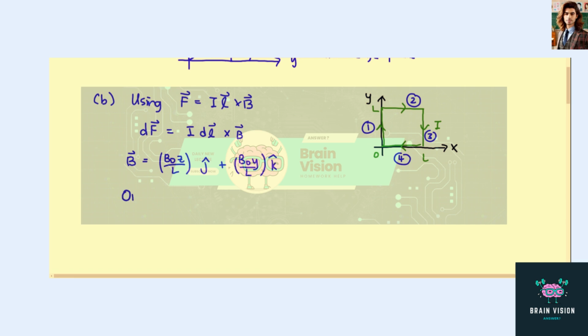On the xy plane, z equals 0, so B is equal to B naught y over L k hat.